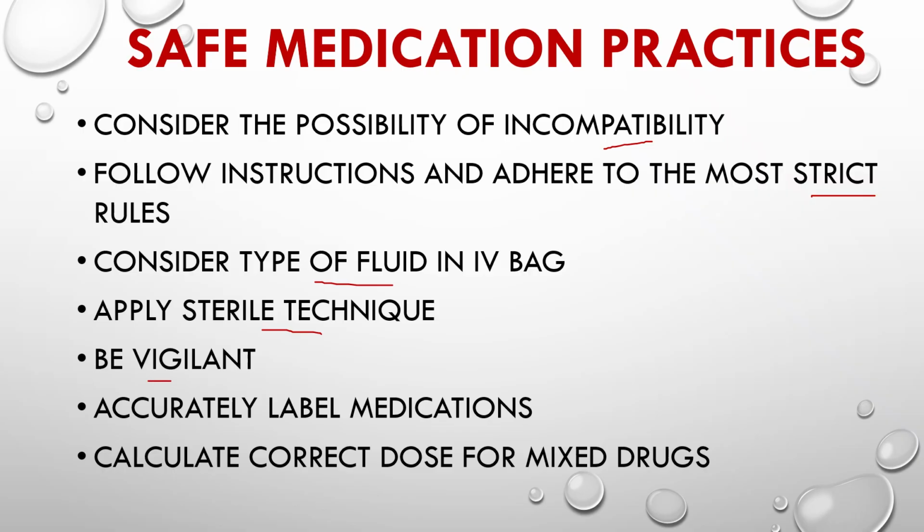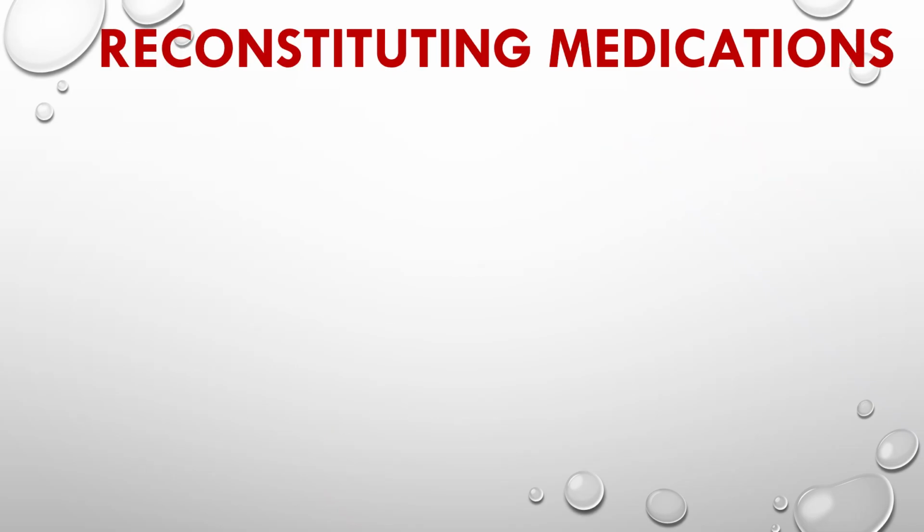Be vigilant. Make sure you're reading and rereading that you're giving the patient the right thing, mixing the right things together. Everything's accurately labeled. Label. Everything gets a label. And the dosage is correctly calculated when those drugs are being combined.